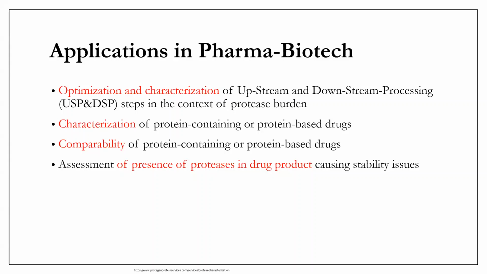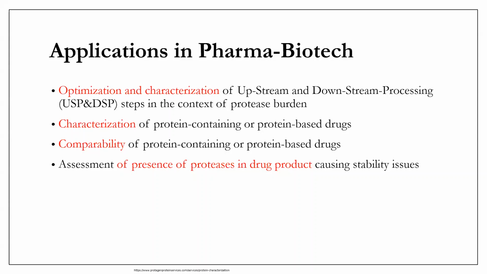So therefore, once you have optimized production and purification, next comes the characterization. You have to characterize the structure of your protein-based drug. Once you have characterized it, next comes the functionality.